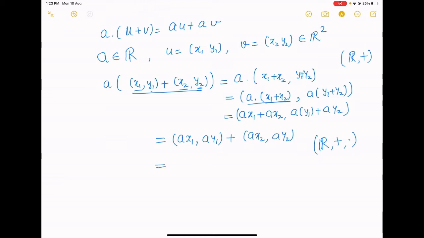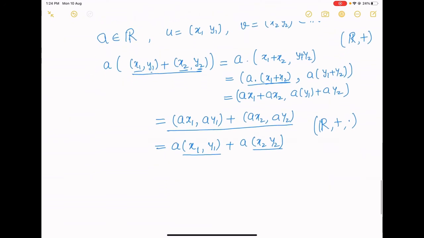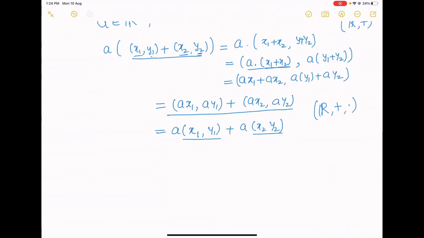In this line we separate the components. Now this is the same as a operated on (x1, y1) plus a operated on (x2, y2). So a distributes over these two components, that is, a(u plus v) gives you au plus av. This is the first property.